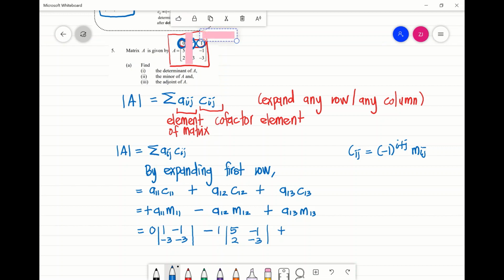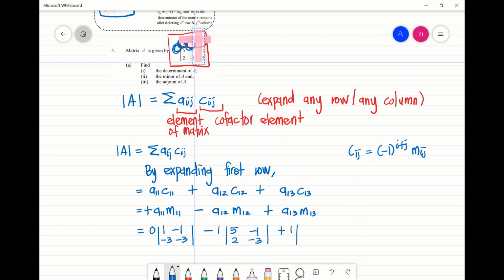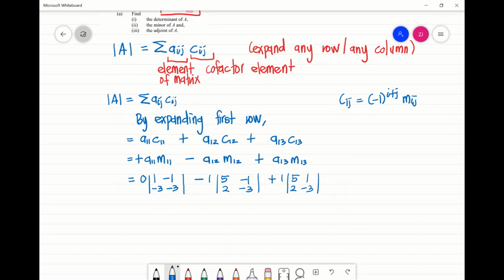Plus A13. This is A13, element located in the first row and third column. Then how to find M13? We close the first row and third column, so we can see that the elements remain 5, 1, 2, -3. Then how to find the determinant? First we find the determinants of these.